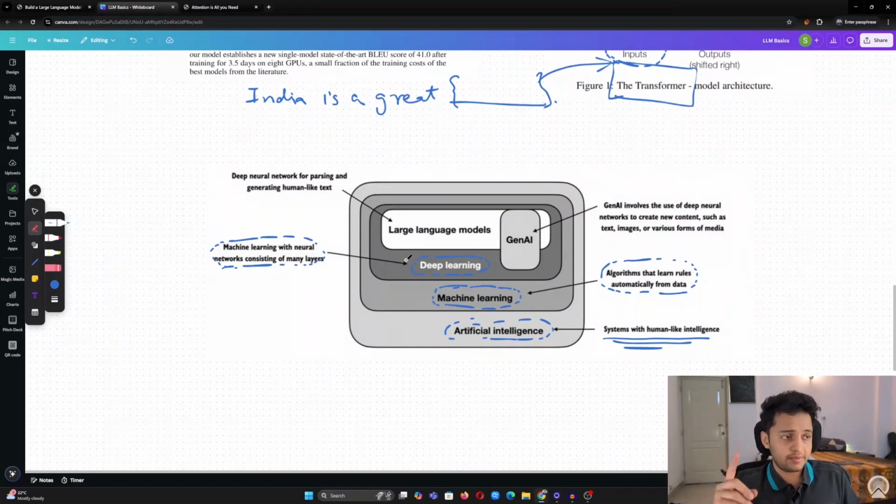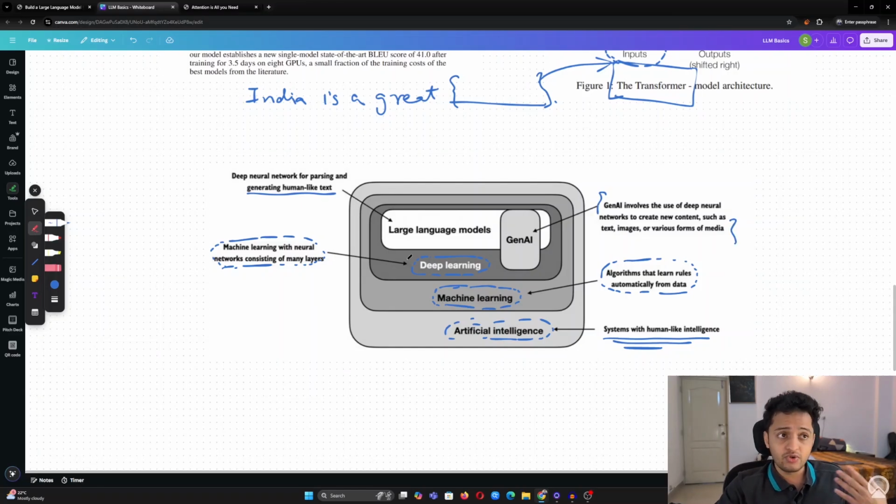Large language models, LLMs, are a part of deep learning. These are deep neural networks especially for parsing and generating human-like text. You can use these neural networks for a lot of different things as well, but LLMs are specialized for generating human-like text.